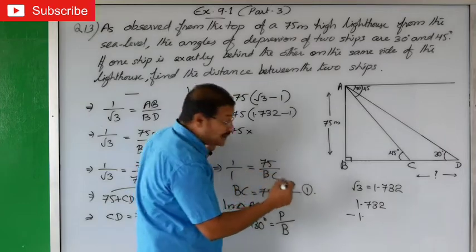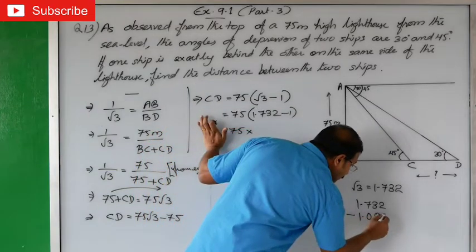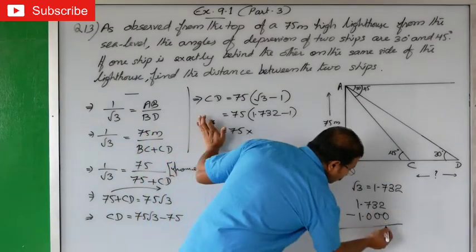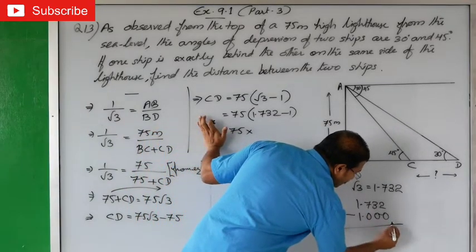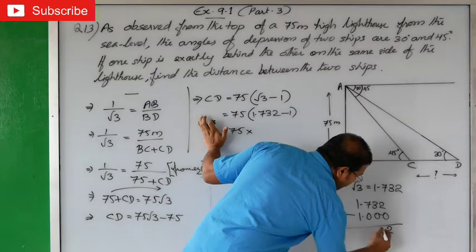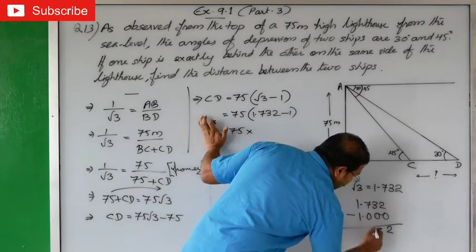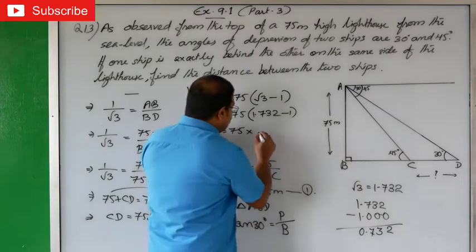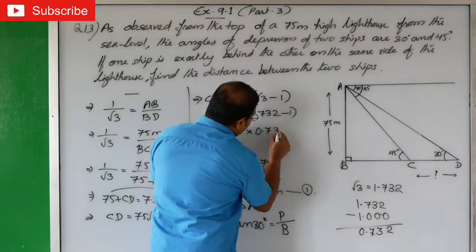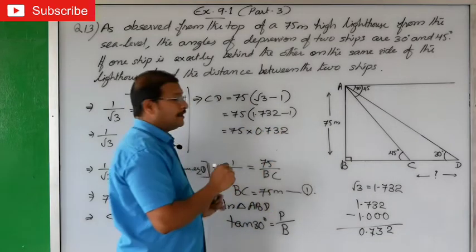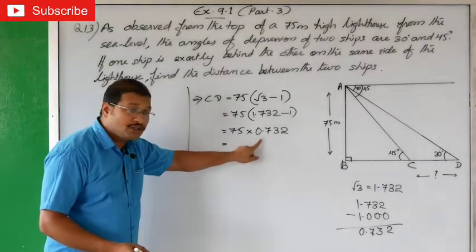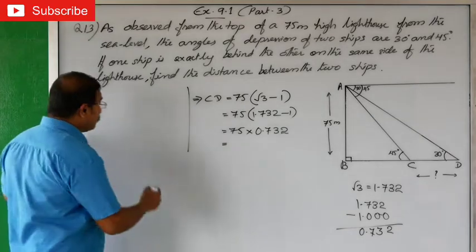Only 1, isn't it? That means 1.000. Very careful. Subtraction. Ready? So 2 minus 0, 2. 3 minus 0, 3. 7 minus 0, 7. 1 minus 1, 0. That means we are getting 0.732. Ready? So let's multiply now 75 into 0.732. So what you will do?